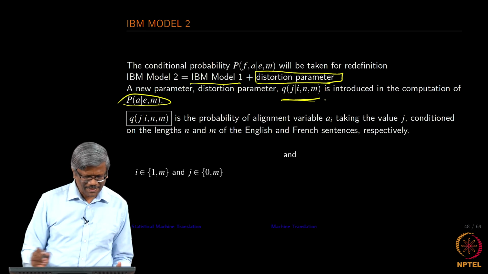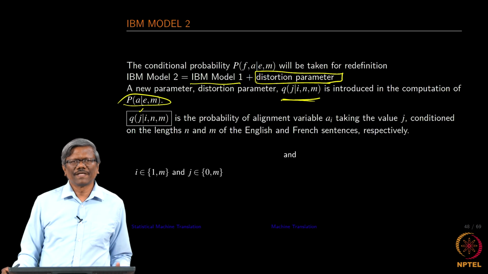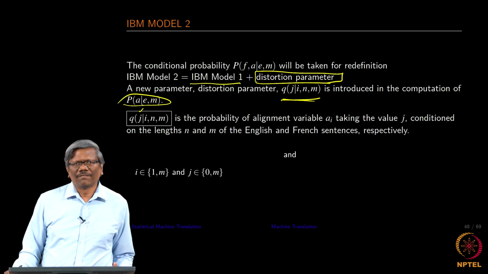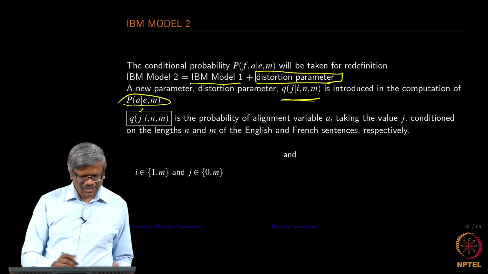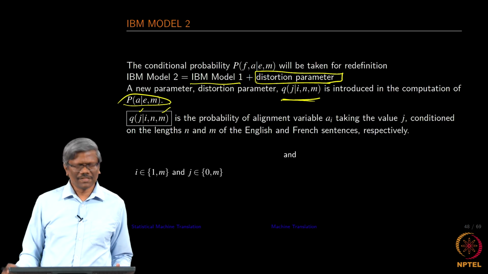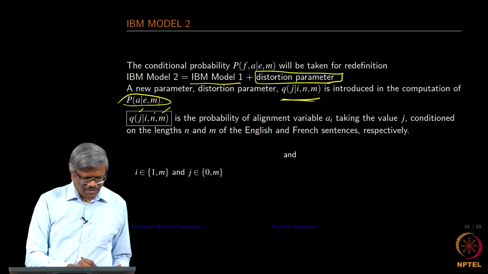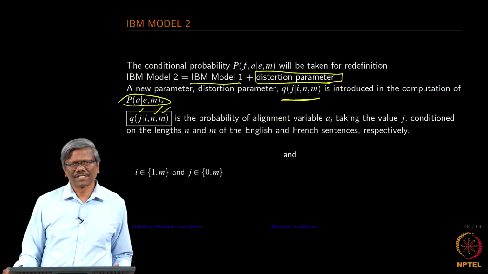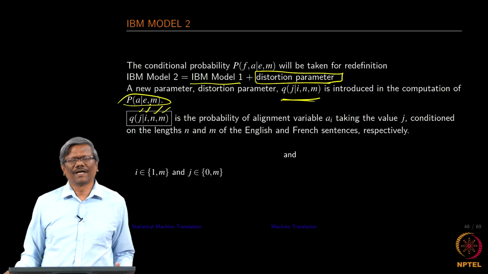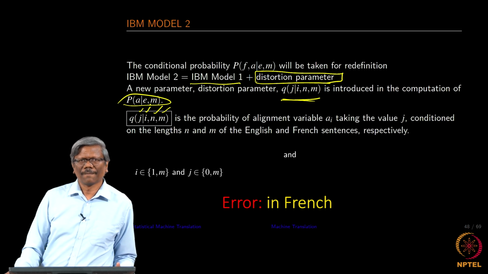Okay. So, what does that mean? We are going to be finding the alignment value j based on the number of French words that has not changed, and then the number of English words in that sentence, and then the ith word in English.